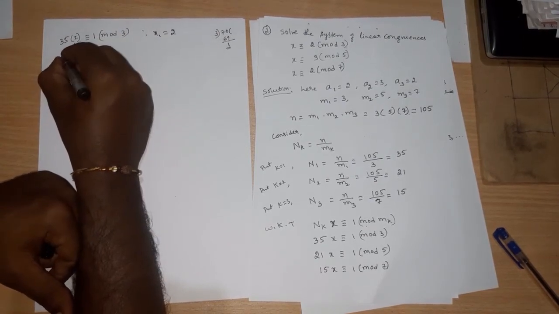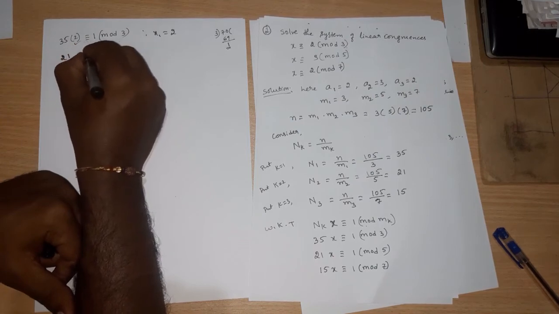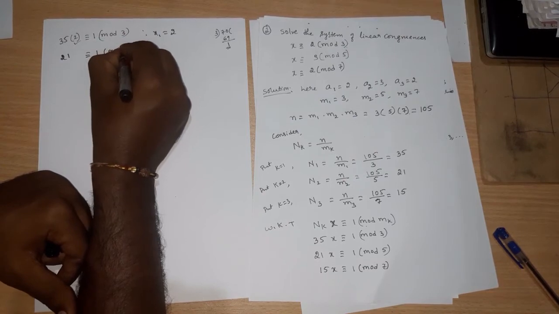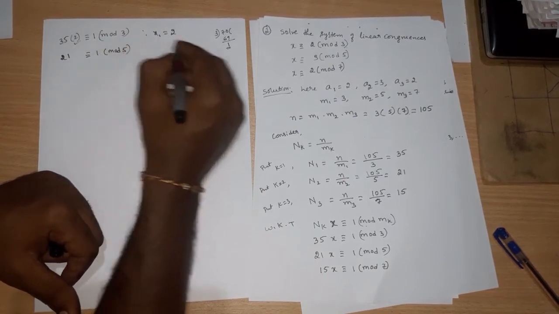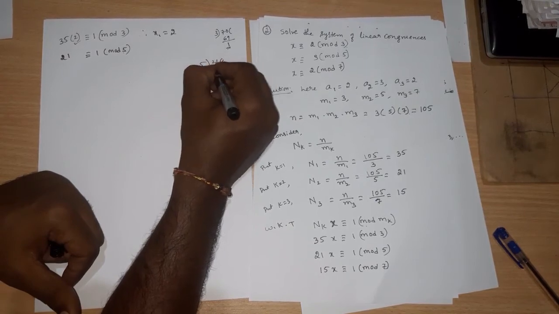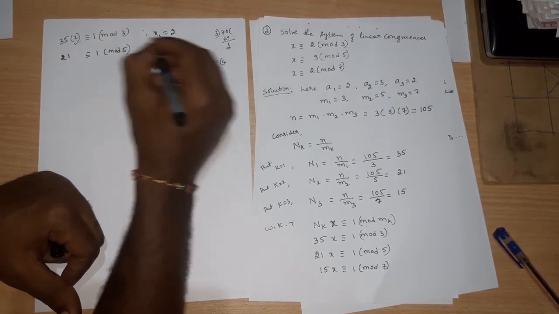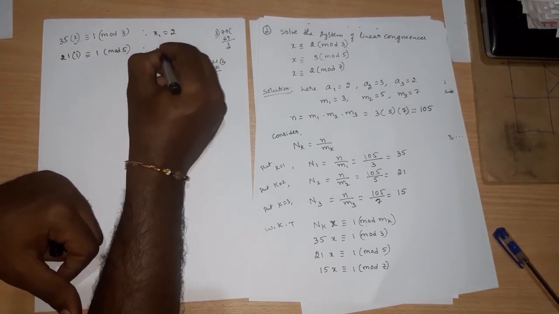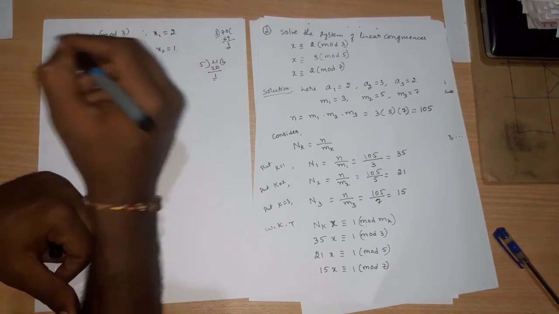Next, 21x is congruent to 1 mod 5. 5 fours are 20, so remainder is 1, so I have to multiply with 1, therefore x2 equals 1.